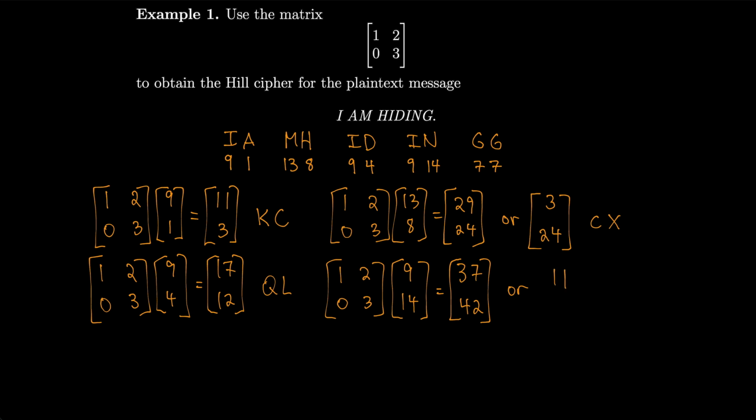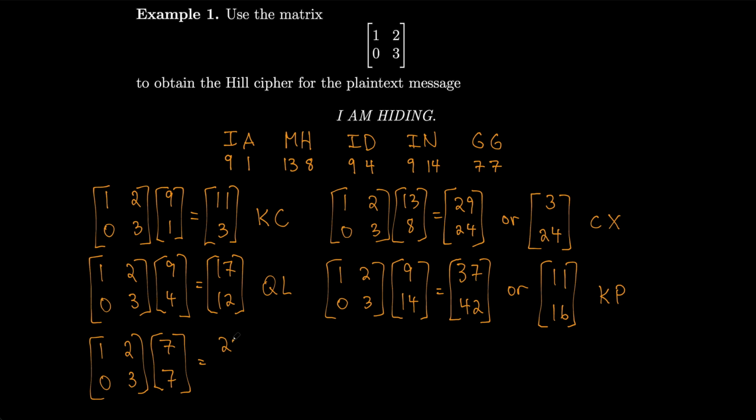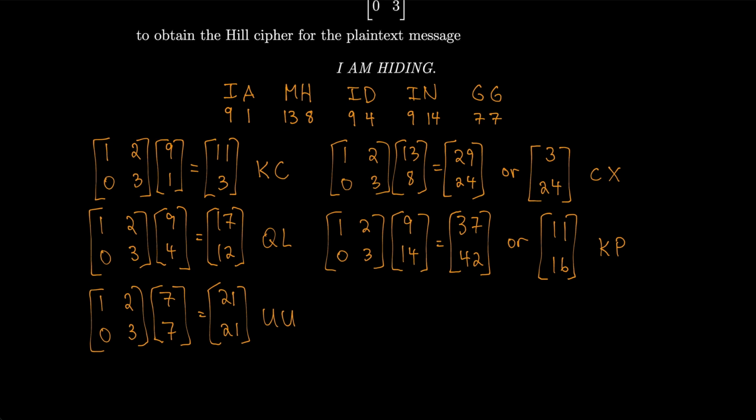It's 11 for 37 and 16 for 42, so I take KP. Lastly, [1, 2; 0, 3] times 7, 7 gives me 21, 21, which is UU. So altogether, I am hiding under the Hill cipher becomes KCCXQLKPUU.